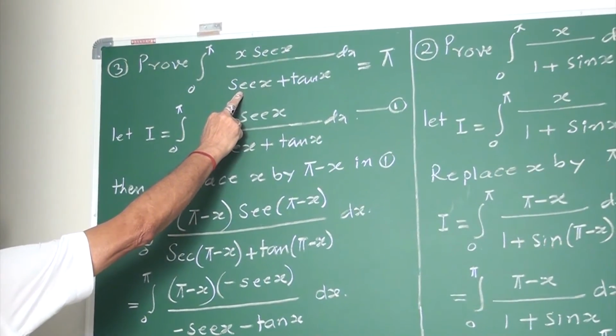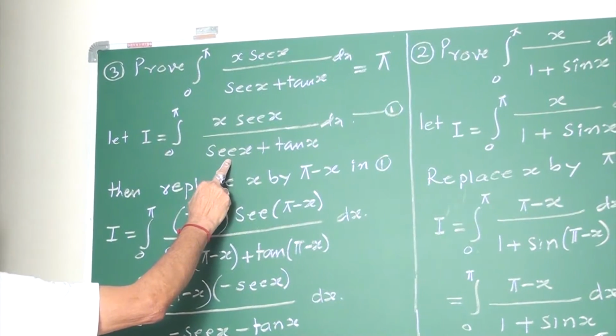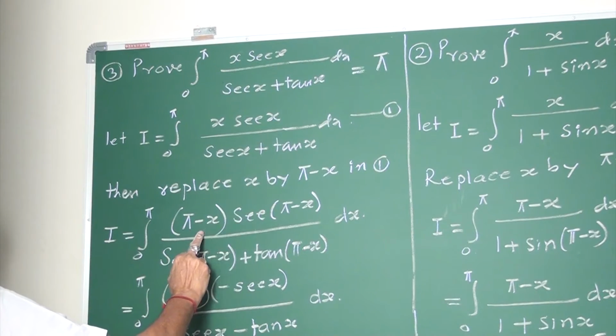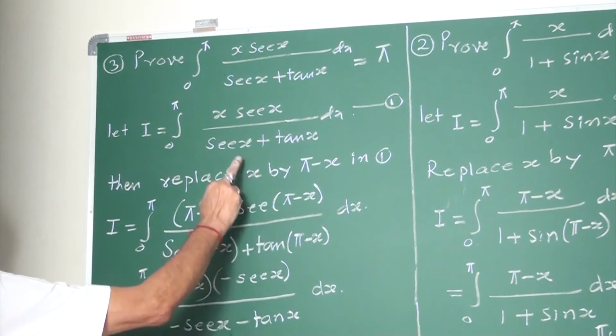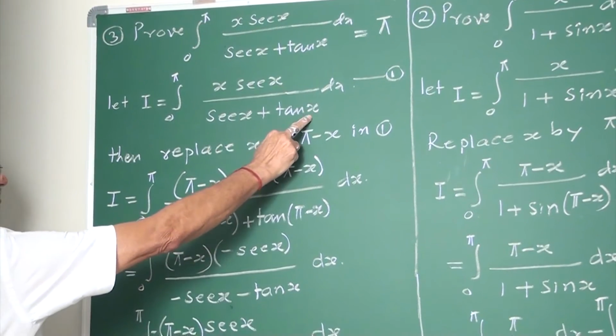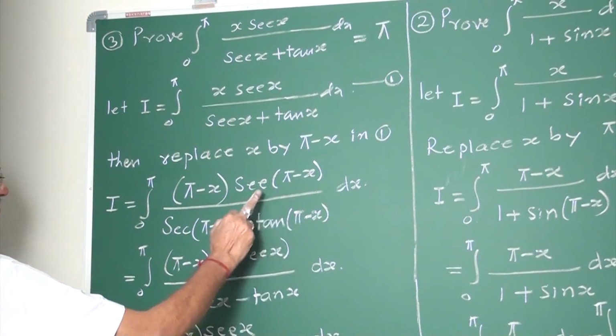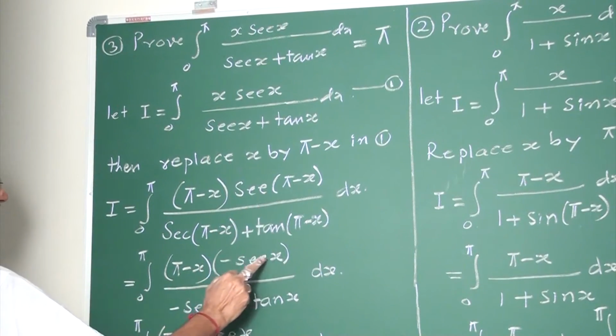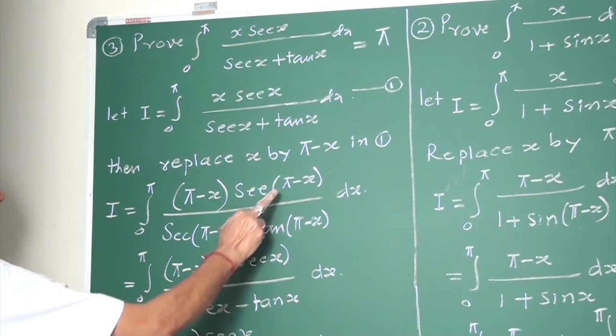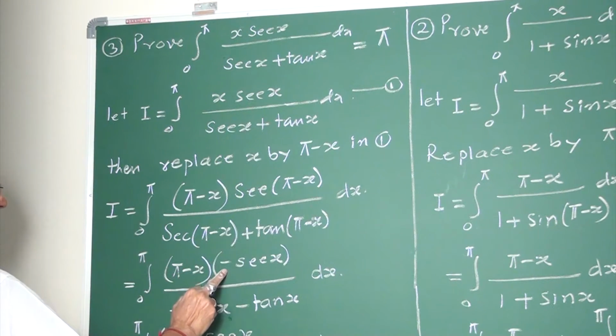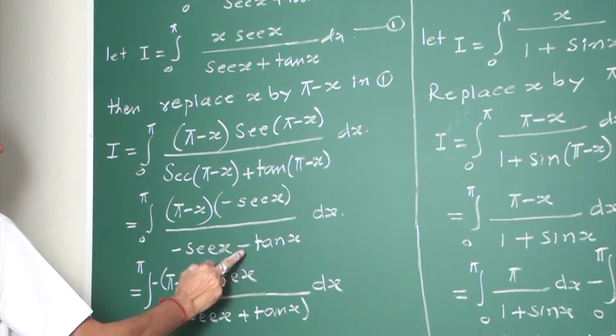We have to evaluate this. Yes, let I replace pi minus x into sec of pi minus x upon sec of pi minus x into tan of pi minus x. Sec of 180 minus x, no change, sec. Second quadrant, sec is negative. Second quadrant, tan is negative.